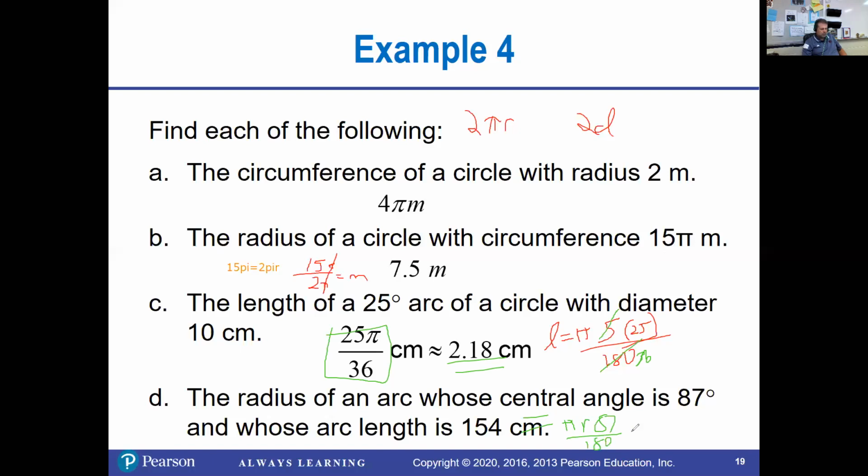So you're trying to find the radius of the arc with that central angle. That's a big angle. The length is 154. So you'd multiply by 180 and divide by 87, and we get 101.4. Let's see here, I'll let you see that easier. So you get that answer.